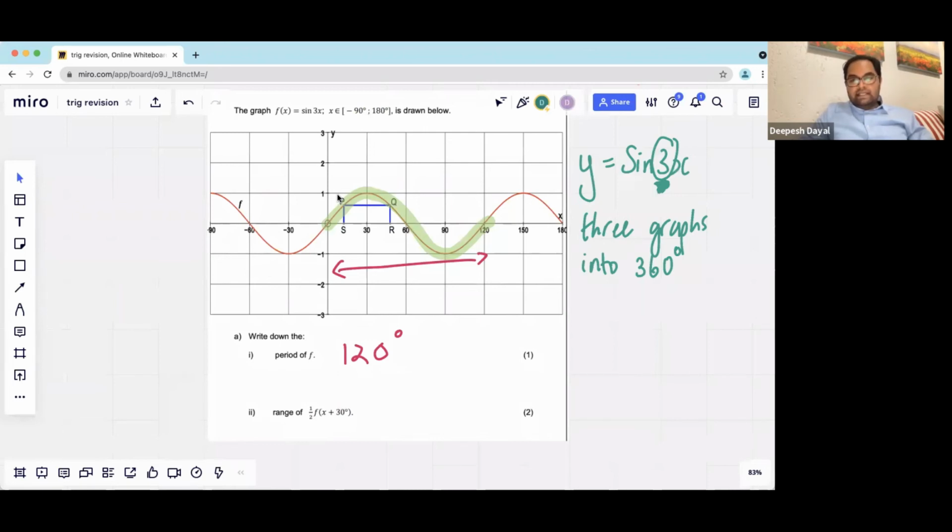Yeah, the period is 360 of a normal sine graph. Is that okay? Okay, and Raboni, I see you unmuted. Do you have any questions?